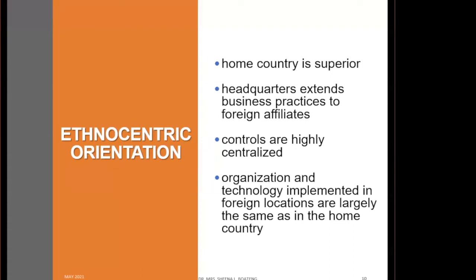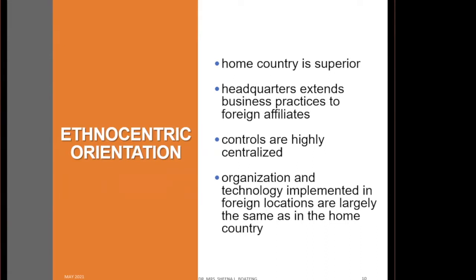And all decision-making is taken from the home country and it trickles down to the affiliates. Hence, we observe that controls are highly centralized, given that the home country where the headquarters is has to make all the decisions, and then the affiliates in the various foreign countries must just take the script and implement it as is written.